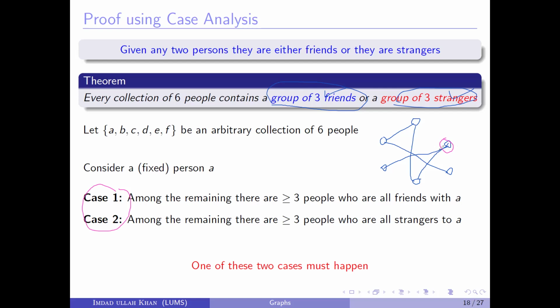So amongst the remaining 5, there are no 3 connected vertices with this pink one. But case 2 is true, right? So amongst the remaining people, there are at least 3 people who are strangers to A. So by strangers, we mean that there are no edges. So for example, I'm marking the absence of edges using pink. So this edge is missing, this edge is missing, and this edge is missing. So at least one of these 2 cases must be true.